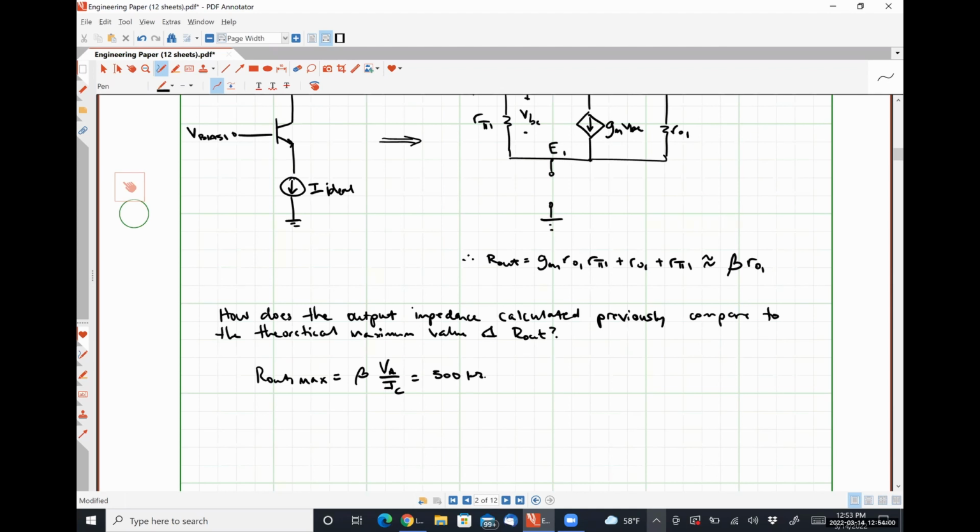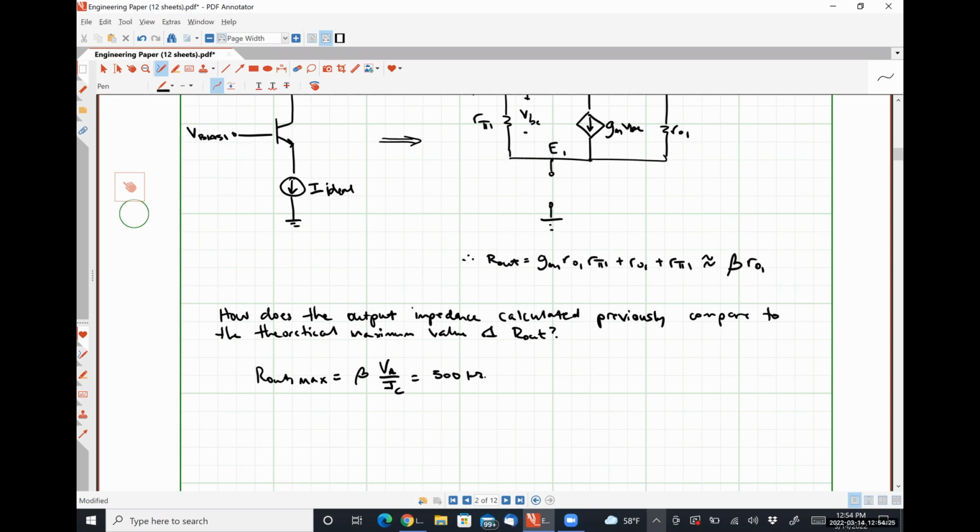If we had chosen a transistor with a higher early voltage VA, what do you think would happen? Exactly right. If VA is larger, then R naughts get larger as well.